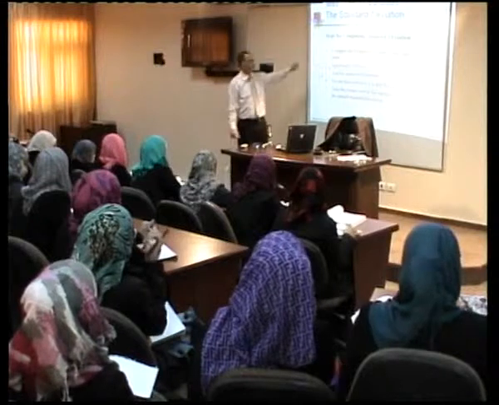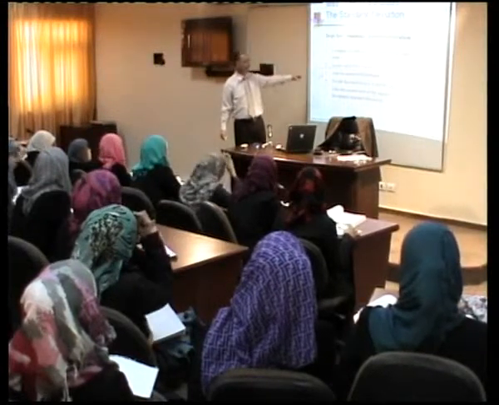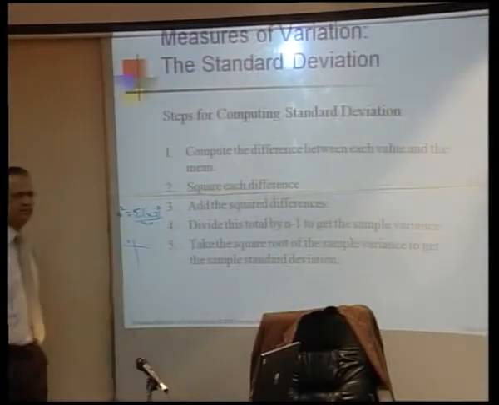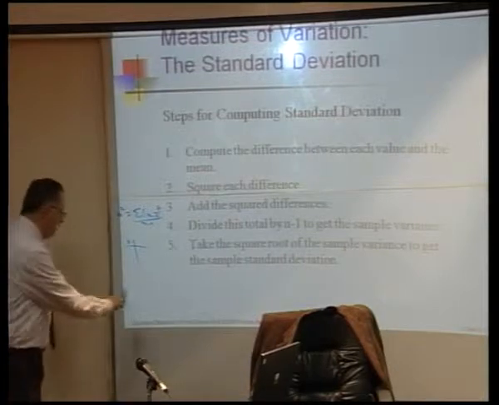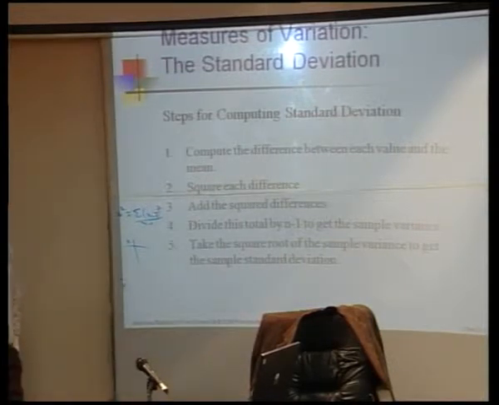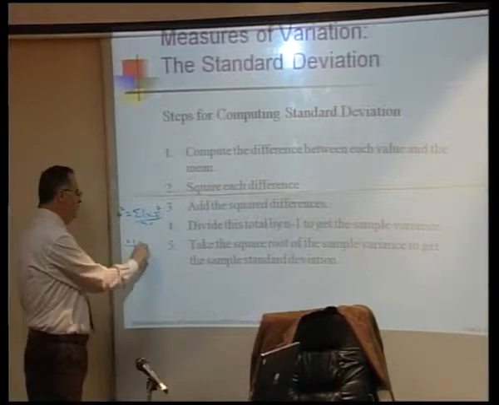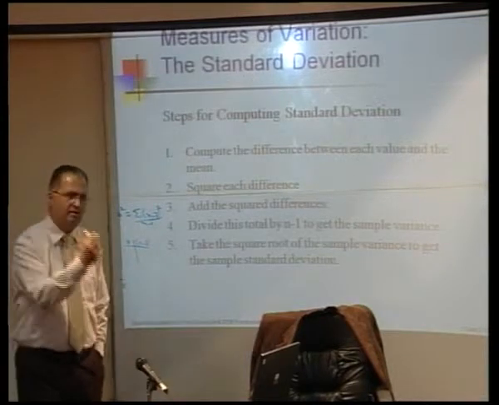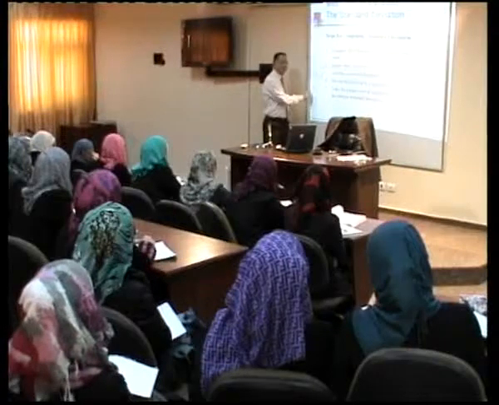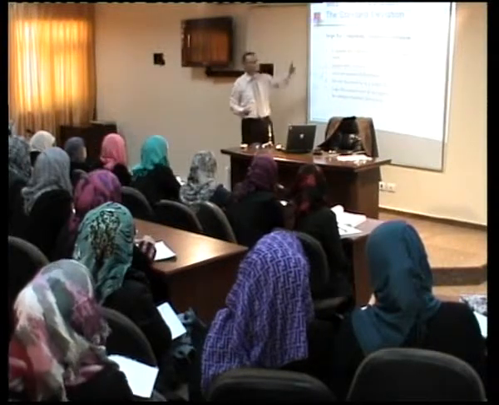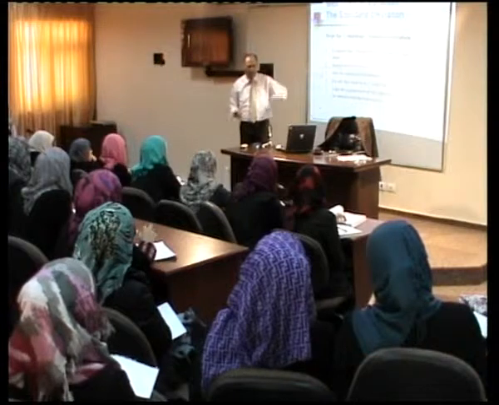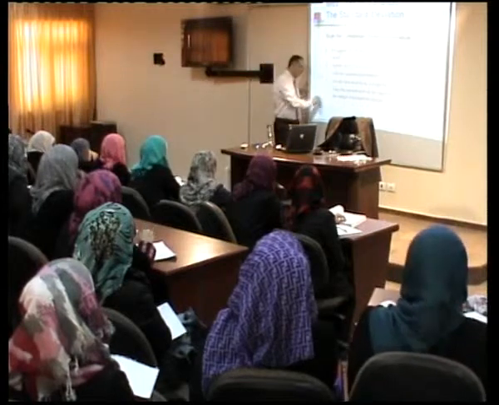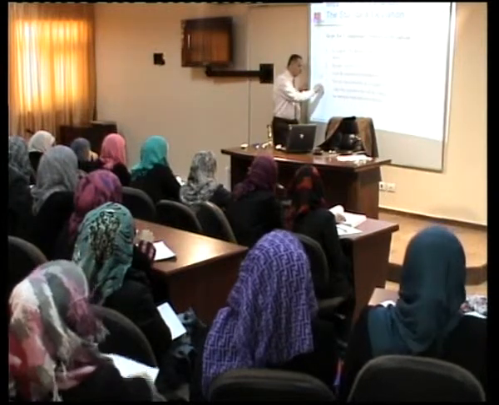Next step, compute the difference between each value and the mean, so x minus x bar. Step number 2, square each difference. I mean, take this value and square it.